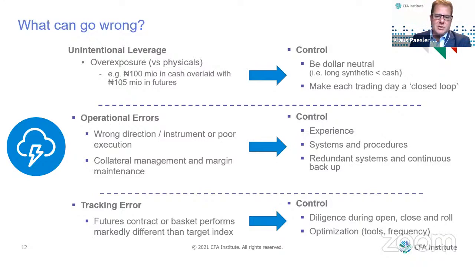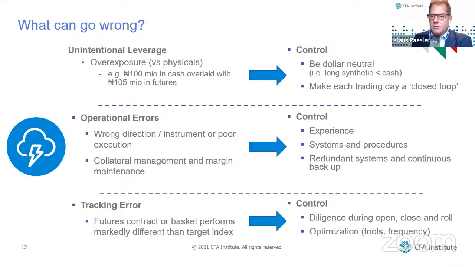Now, you do have operational errors or trading errors that can affect your position. Either there's a poor execution at the wrong time of day, or a wrong direction, you wanted to buy versus sell, etc. And then obviously the collateral management and margin maintenance process has to be managed very quickly, very importantly, and very exactly, to make sure you're not over collateralized or under collateralized, and the proper amount is available to go back and forth, given your gains and losses.